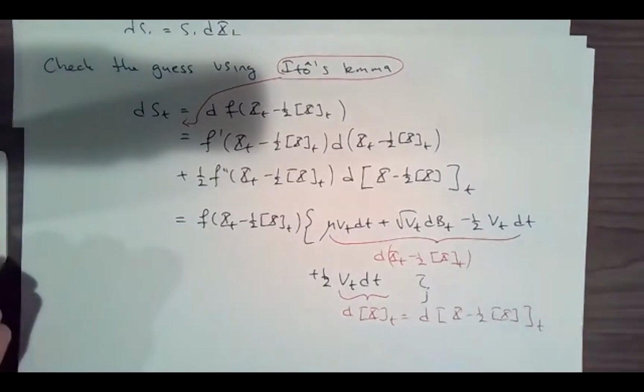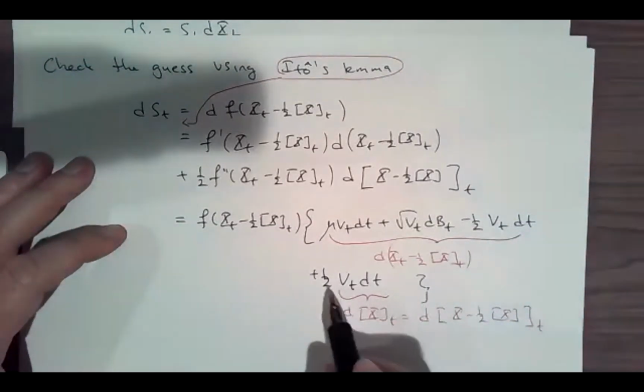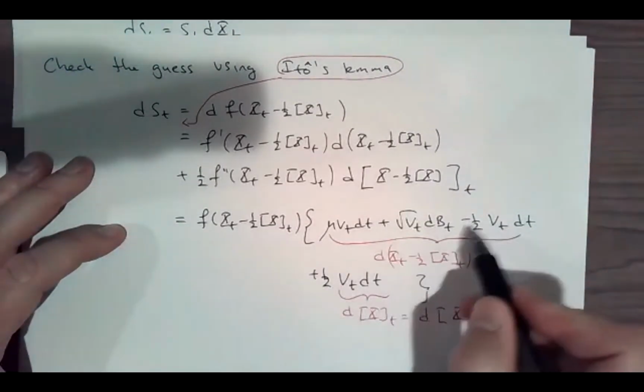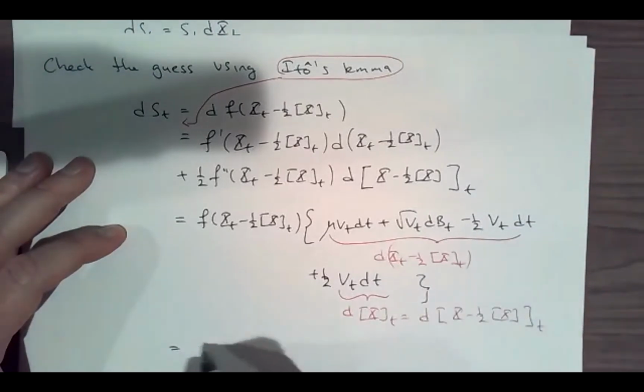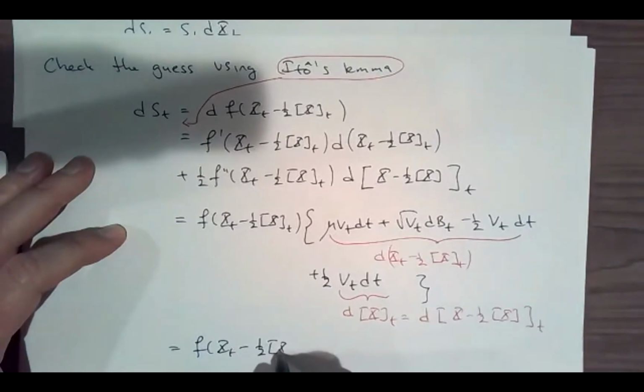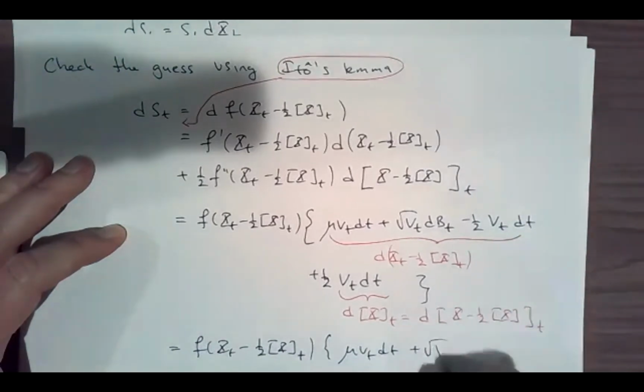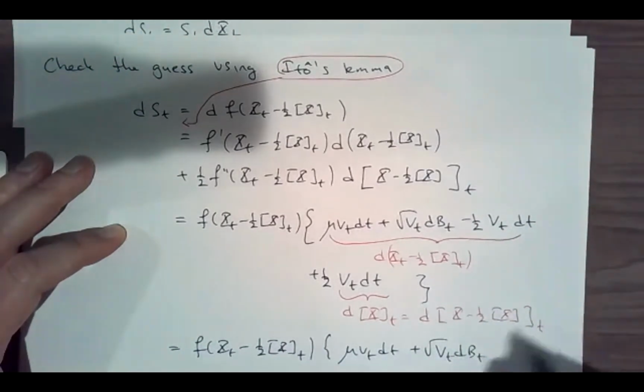And now we can see stuff cancels out. You can see that the plus 1/2 v here cancels out the minus 1/2 v here, and you're ending up with f of Xt minus 1/2 quadratic variation of Xt times mu vt dt plus square root vt dBt.